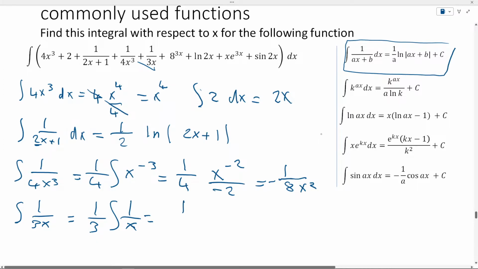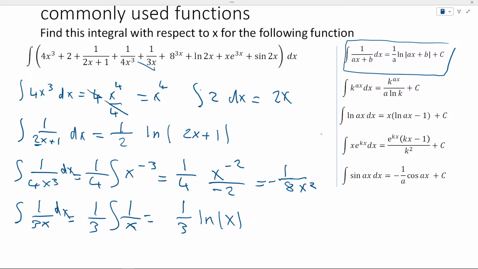So that would be 1 over 3 ln x. And then there should be a constant here. Oh, I forgot to put my dx here.